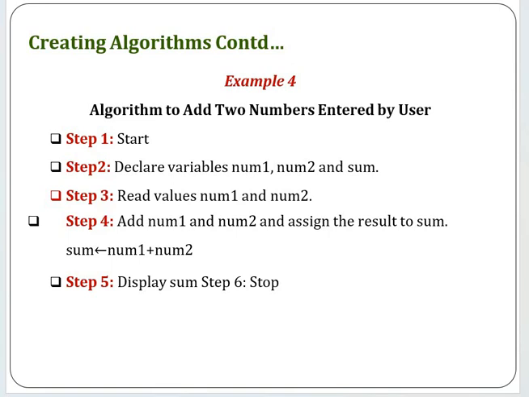Calculate the sum of num1 and num2 and store the result in the sum variable. Print the calculated sum, and then finally terminate the process. Here you could see it demonstrates the basic input, calculation, and output operations. It involves using variables to store data and all.